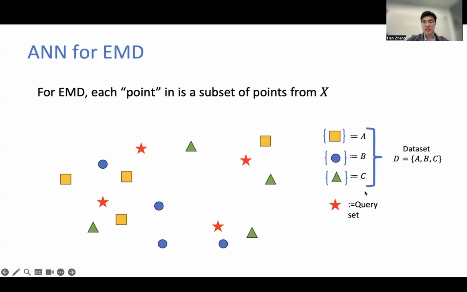So here is our dataset, which consists of 3 points, A, B, and C, and each point is of size 4. And the queries are the stars. So in this example, we are supposed to return the triangles as our answer.